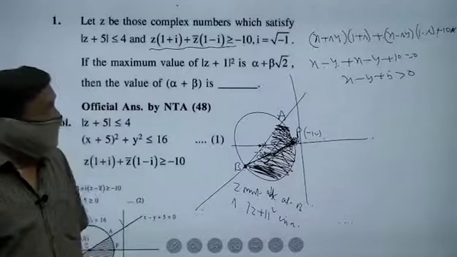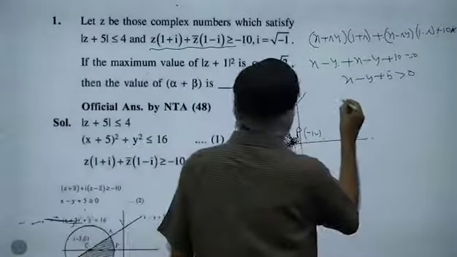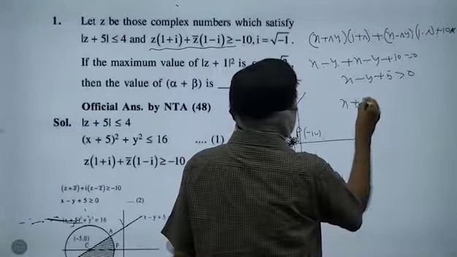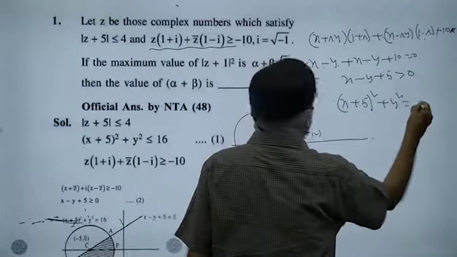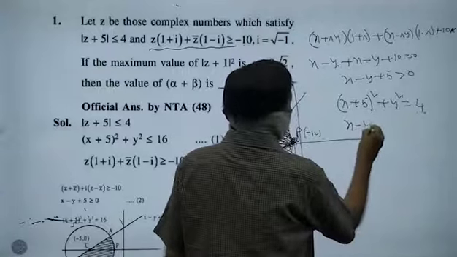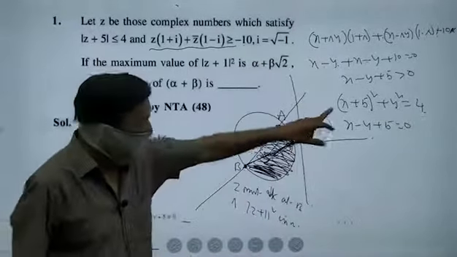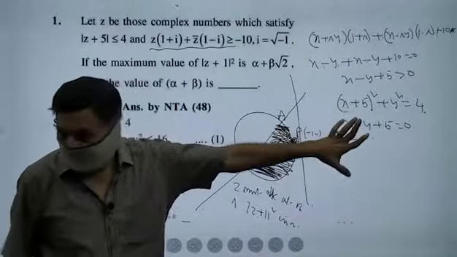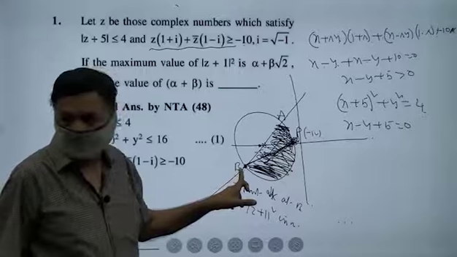Now what you have to do is solve this circle equation. What is the circle equation? The circle equation is (x+y) whole square plus y square is equal to 4, and x minus y plus 5 is equal to 0. You have to solve the two equations and find out B's coordinates.